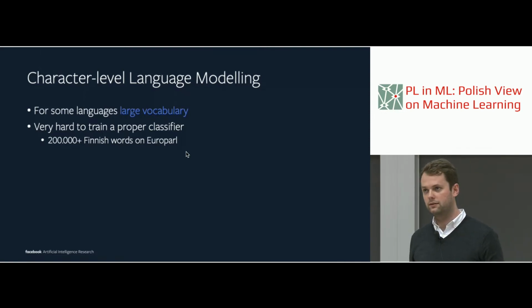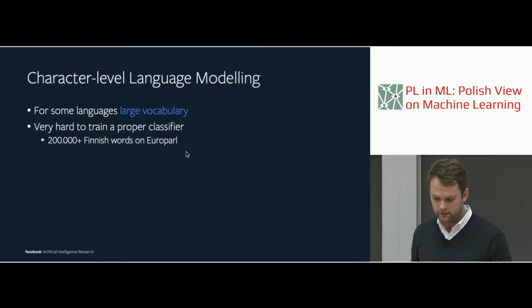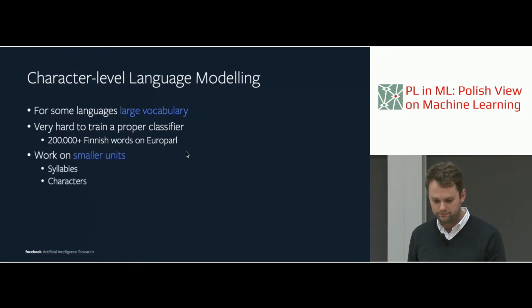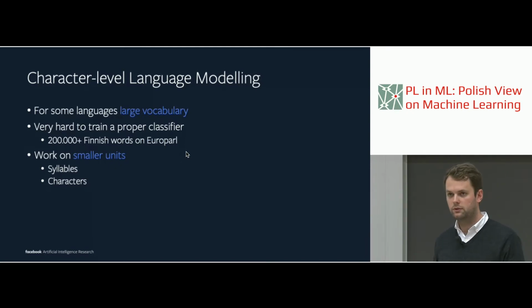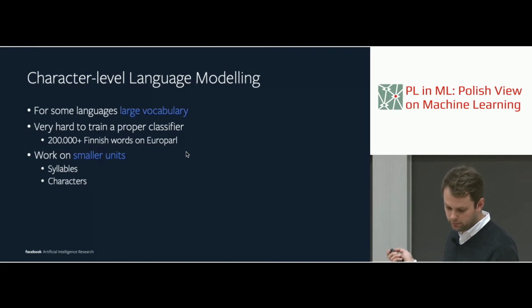It's basically like there are so many forms that the vocabulary is going to explode. So maybe for such languages, such as Finnish, Turkish, it's actually better to work on smaller units. So syllables, characters. Most recently, people have been working a lot with BPE, byte pair encodings, and this is a good example of smaller units you can think about.